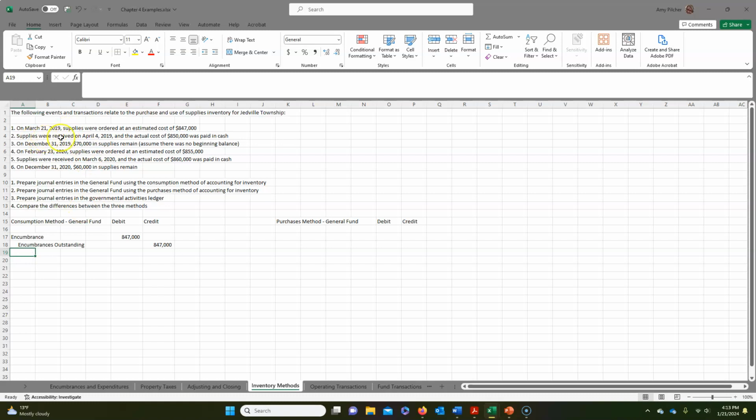Then number 2, our supplies were received on April 4th and the actual cost of $850,000 was paid in cash. So for number 2, we need to reverse that encumbrance. I know, I need to work on the shortcut for that.